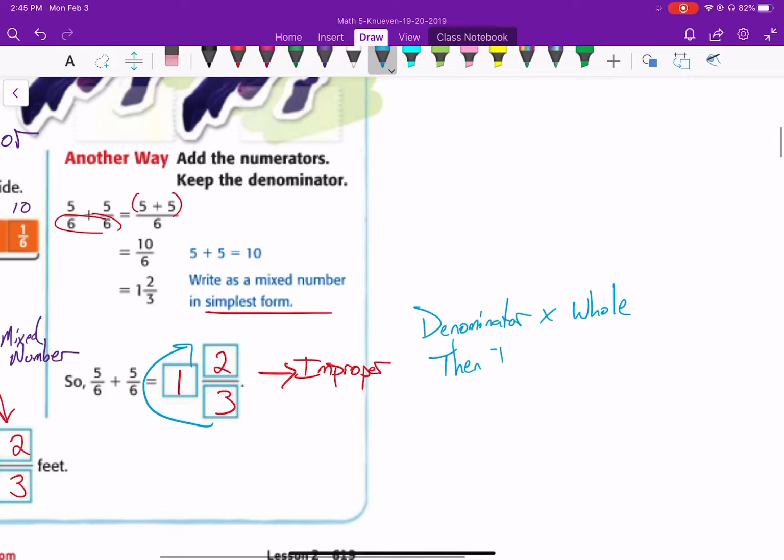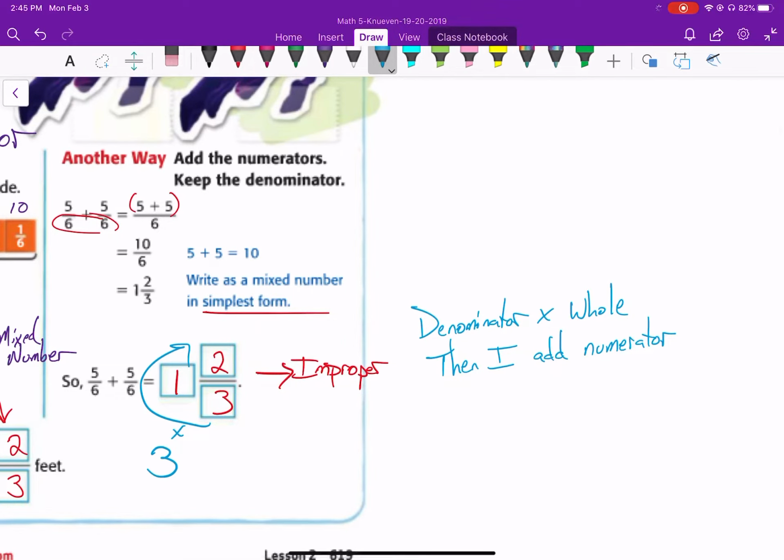Then I add the numerator. So 3 times 1 is 3. Then I add the numerator to that, 2, and I get 5.